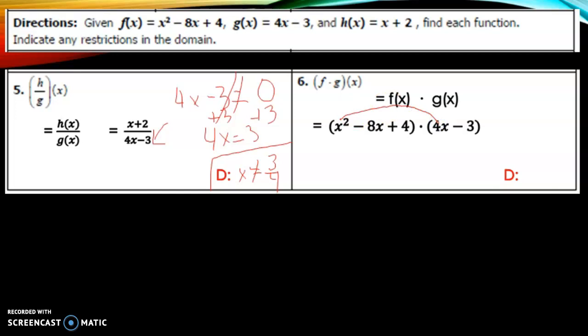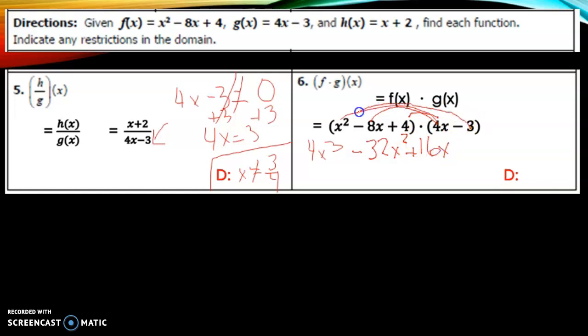So I'm taking 4x times x squared, 4x to the third. And then, oops, let me try that the other way, since the binomial, the second one, is just a little easier if I go that way. 4x times negative 8x, negative 32x squared. 4x times 4, positive 16x. Same thing, I'm going to distribute negative 3.